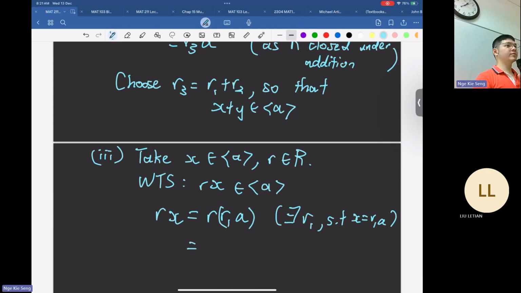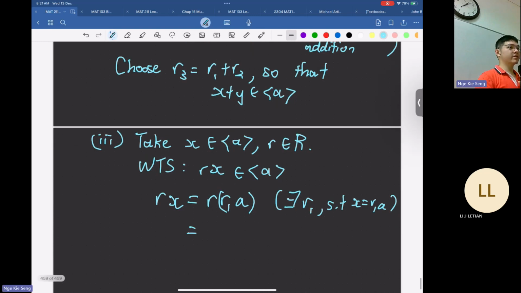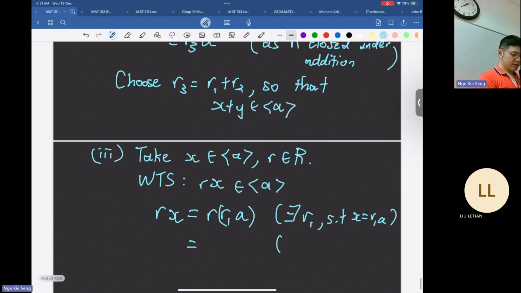But what can I do? I can use associativity.